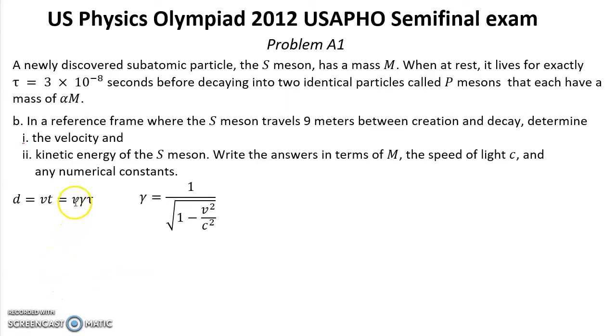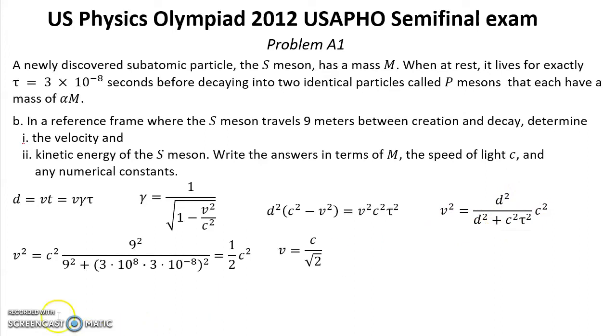And we just need to solve this equation for v. So we have this equation, and after all we have v squared equal this expression. Now let's put in numbers. After putting in numbers, we have v squared equal 1/2 c squared. It means that v equals c over the square root of 2.